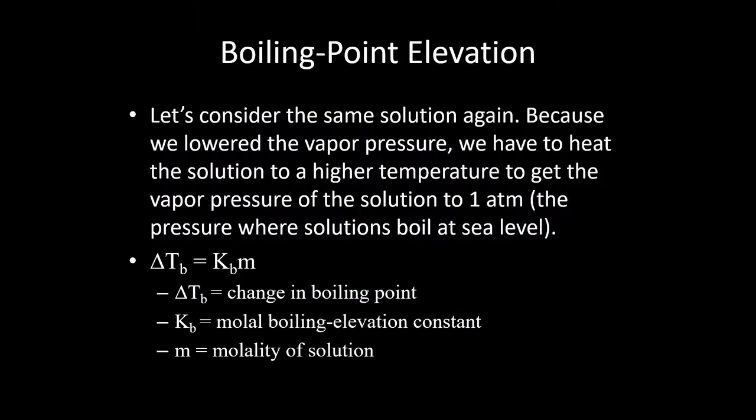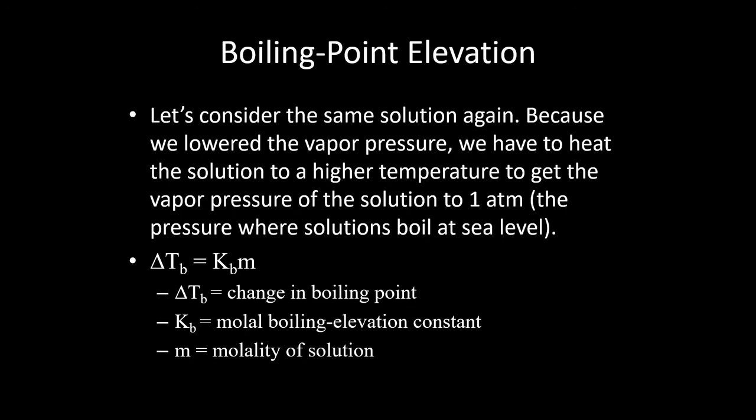The equations that quantify how much these change are actually practically identical to one another. So the boiling point is going to change based on this equation here. ΔT_b is the change in the temperature of the boiling point.